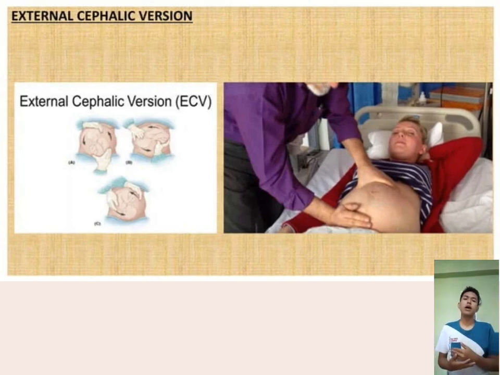For the dependent procedure, they can take tocolytic, a drug to relax the uterus from any contraction that may happen during the maneuver. Although not always successful, it can decrease the number of CS mothers.